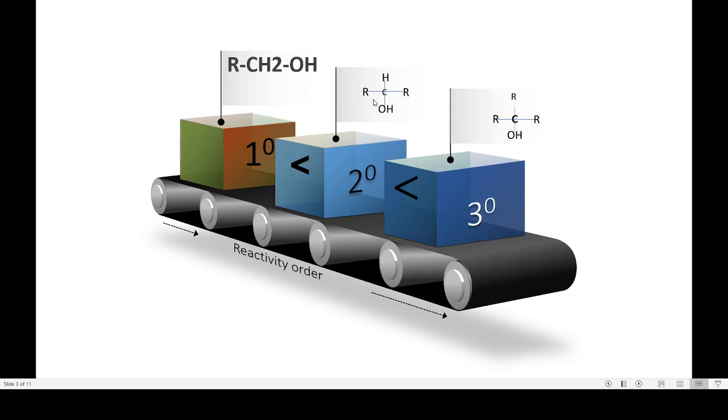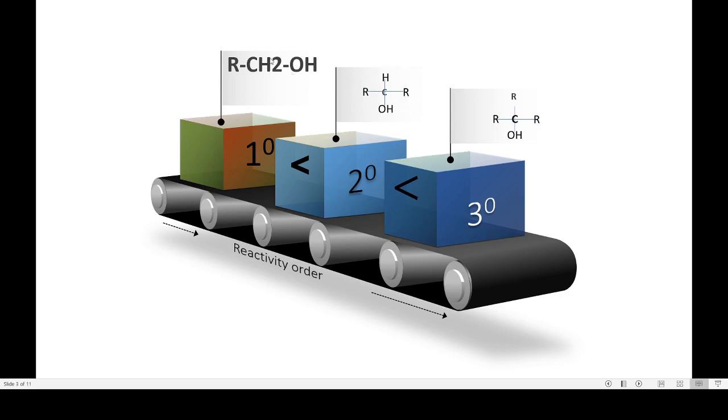See the second structure. Secondary means a carbon atom is linked with only two alkyl groups. R means alkyl group. And further this carbon is linked with the OH. Hence this center carbon is called a secondary carbon, and the overall structure is called a secondary alcohol.